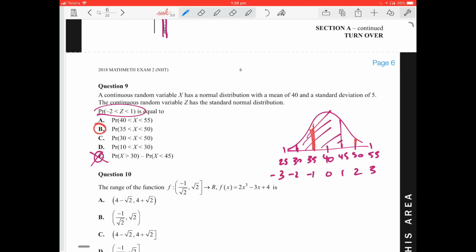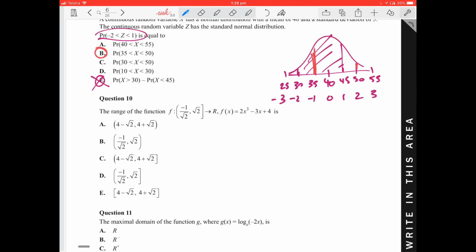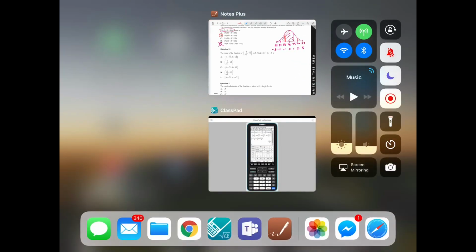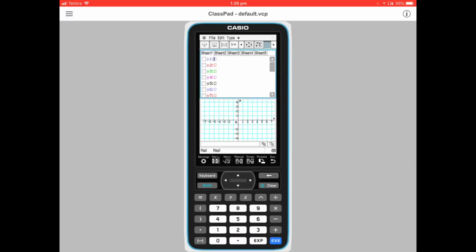Okay. Let's have a look. The range of this function between negative 1 on root 2 and root 2: 2x cubed minus 3x plus 4.